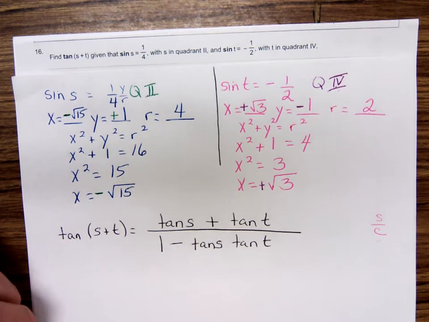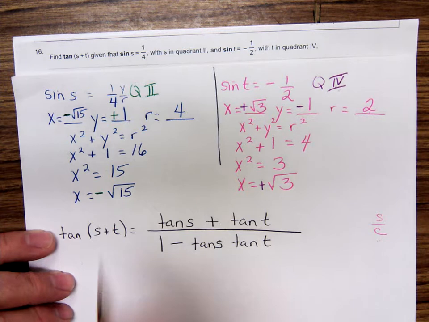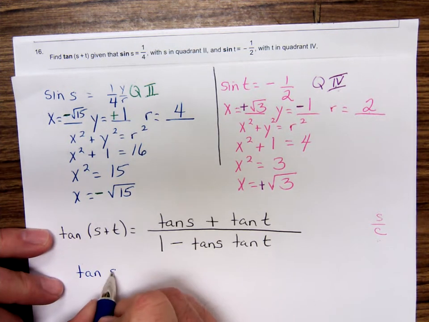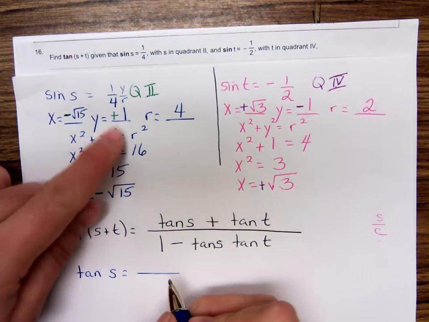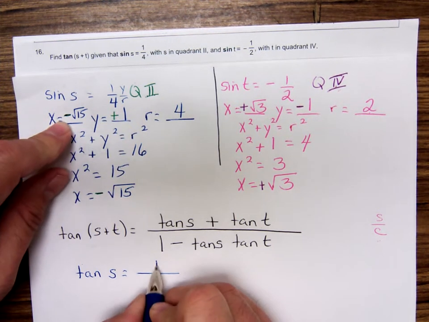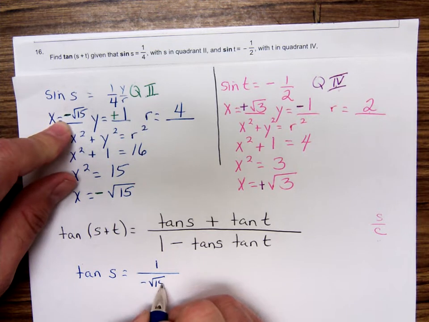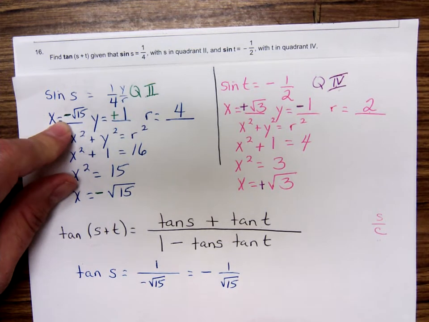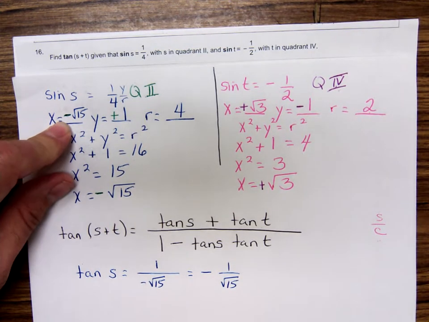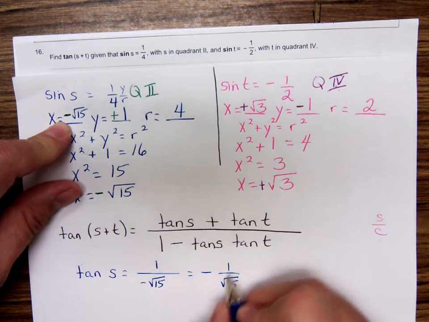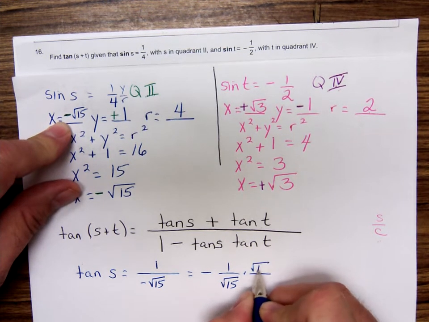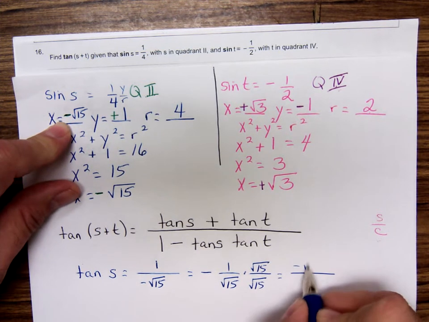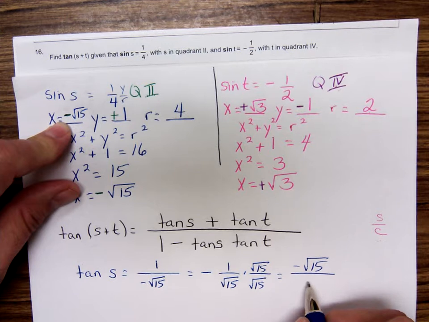So let me go ahead and write out tangent S. That's in blue. In terms of x, y, and r, tangent is y over x. So we have 1 over the negative square root of 15, which I'll just write as negative 1 over the square root of 15. Got to rationalize, but this is an easy rationalize. Multiply above and below by square root of 15. So we'd have negative square root of 15 all over 15.